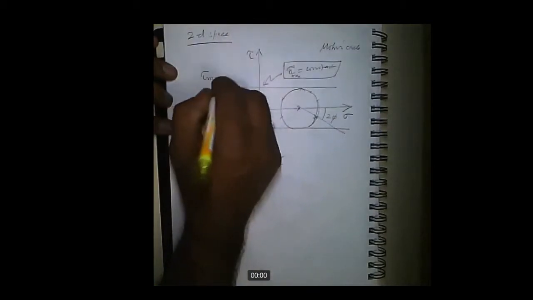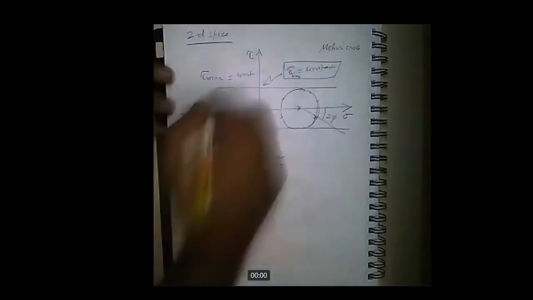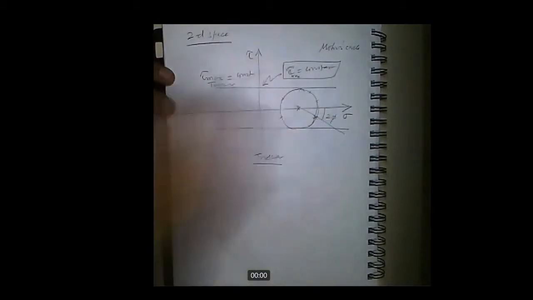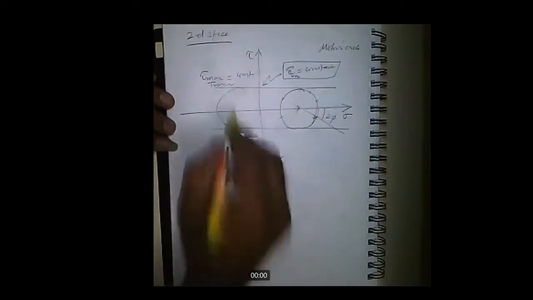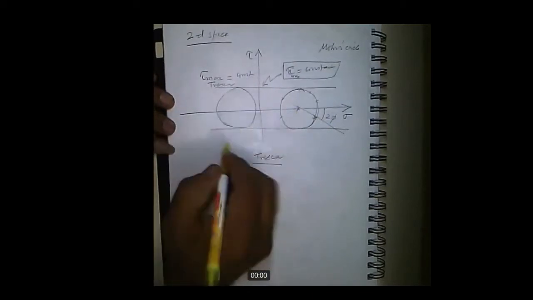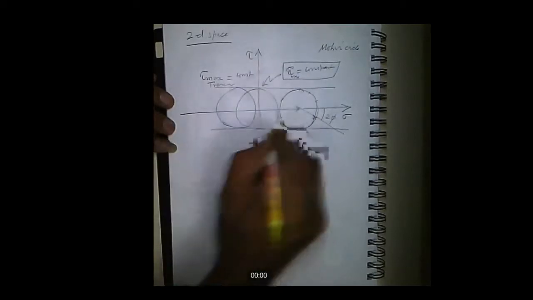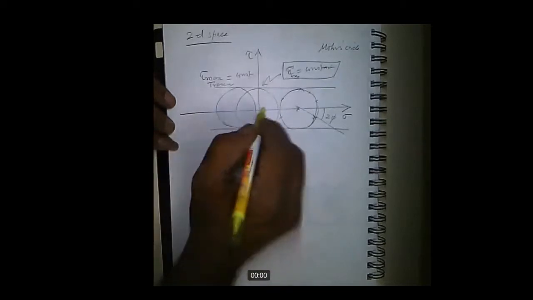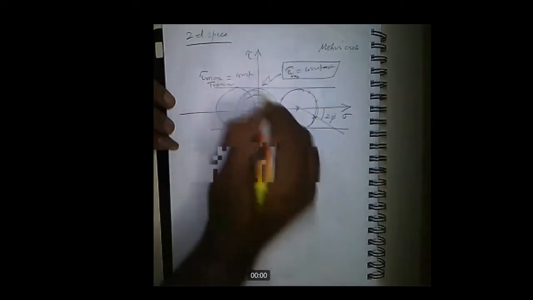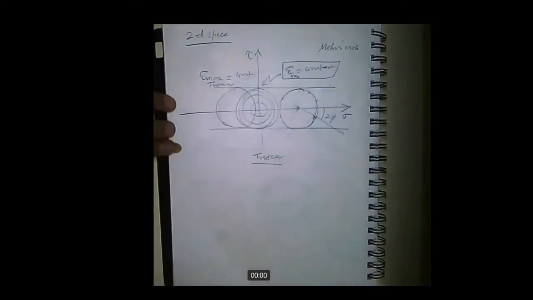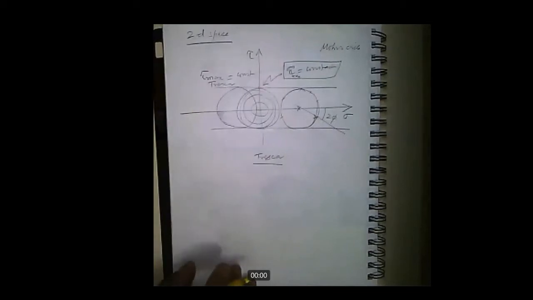Tau max is equal to a constant. This is due to Tresca. So irrespective of whether the Mohr circle is here or here or here, it does not matter. The moment the stress circle reaches this value, yielding starts to occur. Understood?